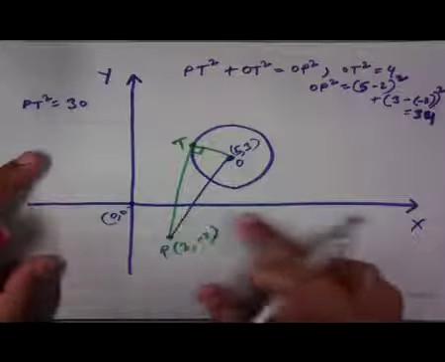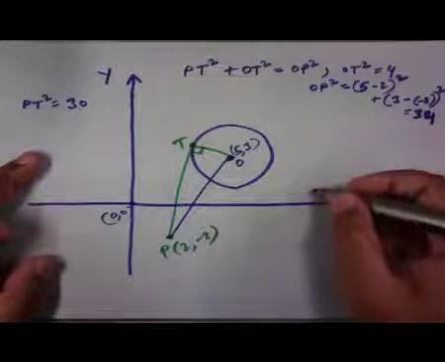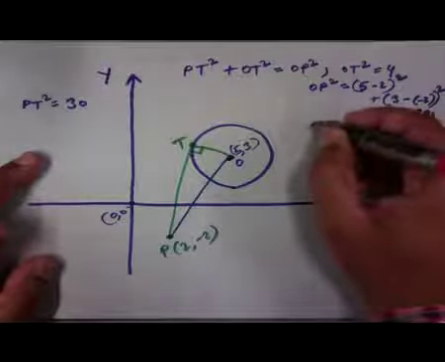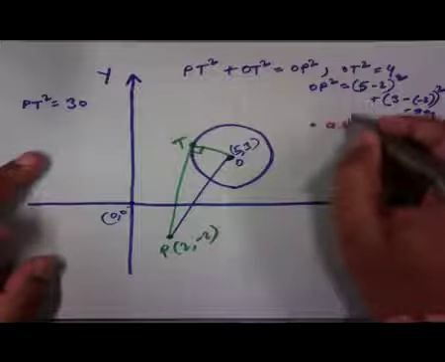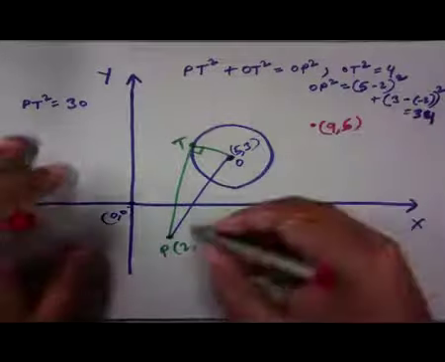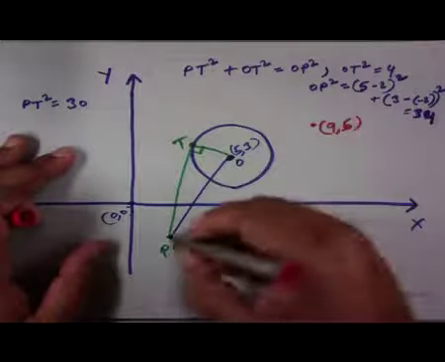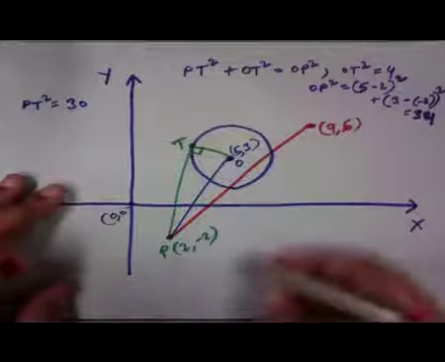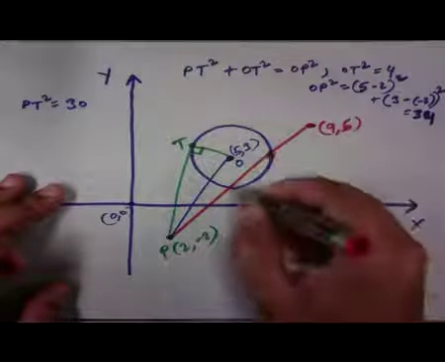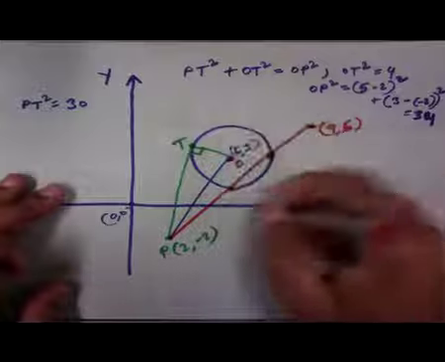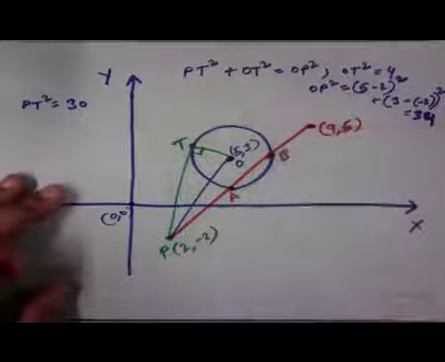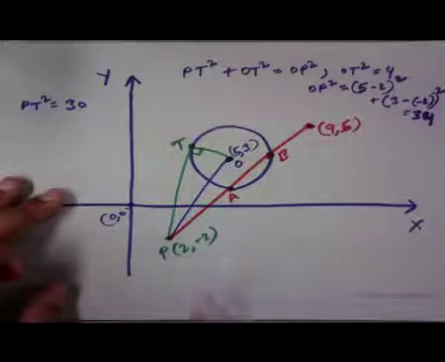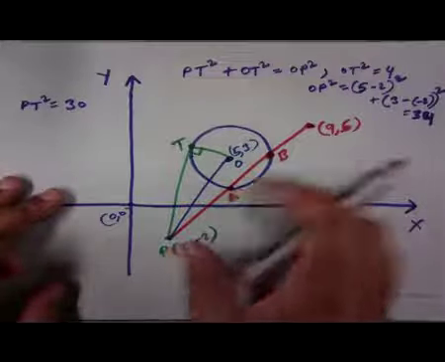So, this is 9 comma 5, and let us join this P and 9 comma 5 by a straight line, and let us say that this straight line obviously cuts the circle at 2 points A and B. Now, we will try to find this length PA and PB.